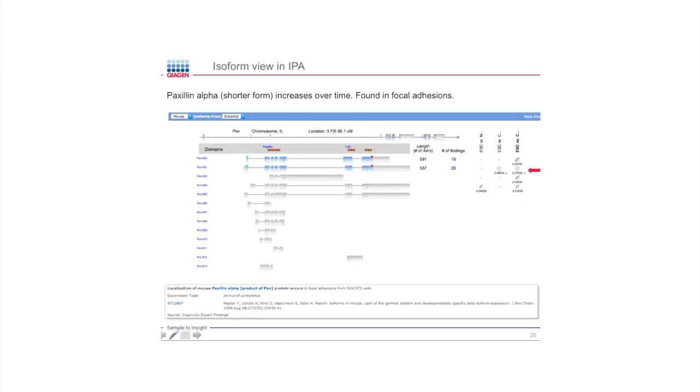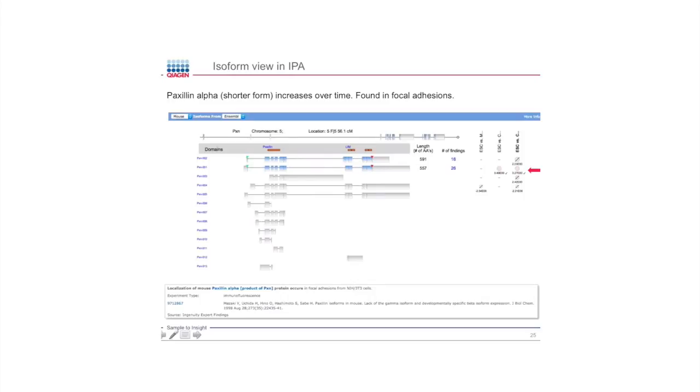So this is the Paxillin isoform view in Ensembl, as I was mentioning, and here's the expression data overlaid. You can see how over time several of these are increasing in fold change relative to the starting culture. There's also one that's not significant enough to pass the cutoffs, but it seems to be decreased in expression relative to the starting culture.